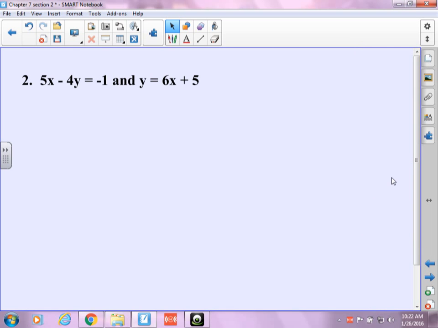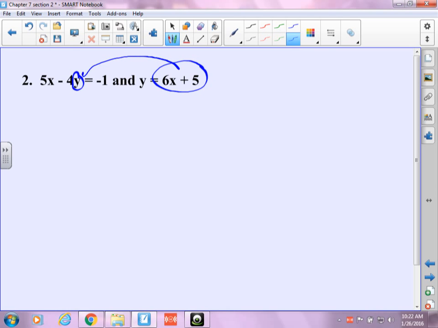All right, this one, the second equation is a y equals. So I'm going to circle what y equals. And what am I going to circle in this equation? The y, because it's y equals. The other one was x equals. So this, I'm going to put in there.